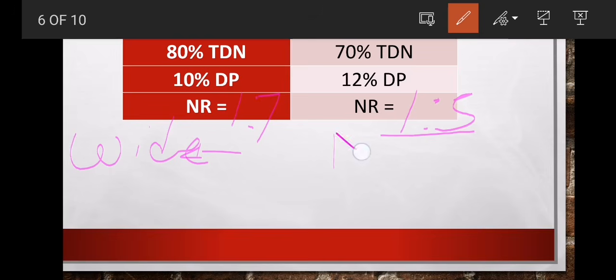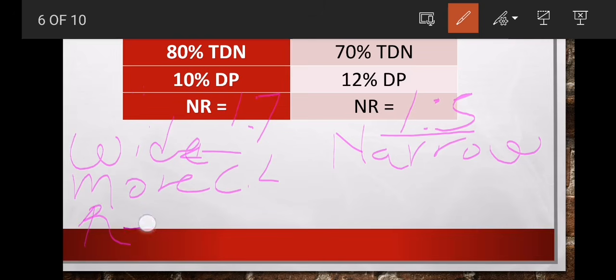This means this one is a narrow ratio. What nutrients are more in the wider ratio? We will say we have more carbohydrates and what? And lipids. Then our proteins are less.